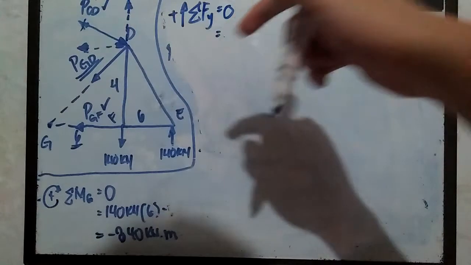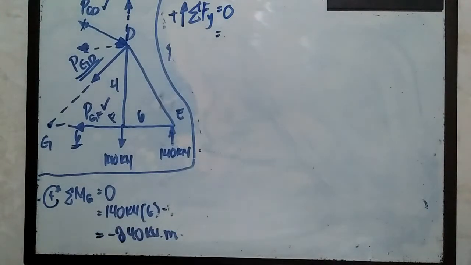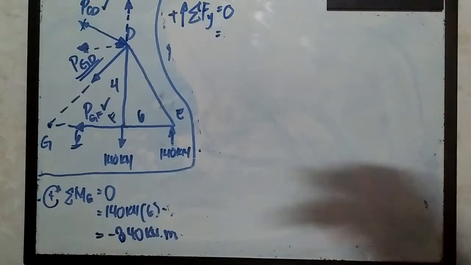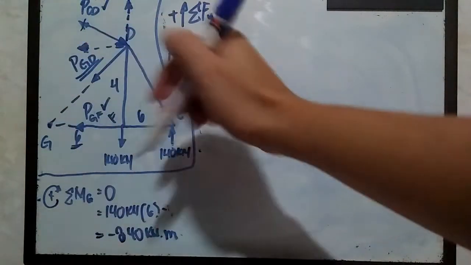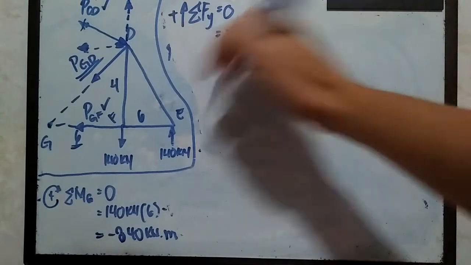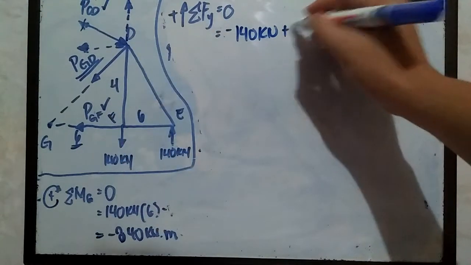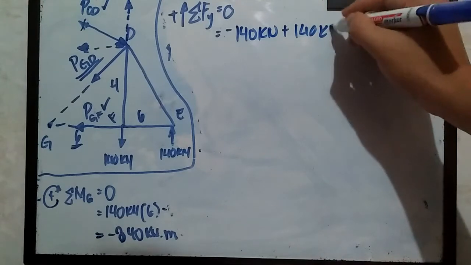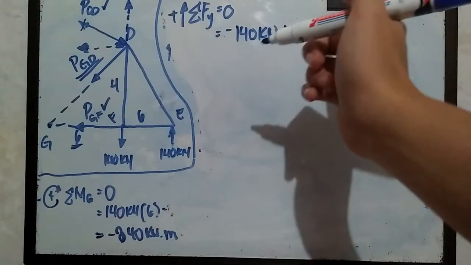P sub GF is along the x-axis, so we can just neglect that. We have negative 140 kilonewtons going down, and positive 140 kilonewtons going up. So we can just cancel that one.